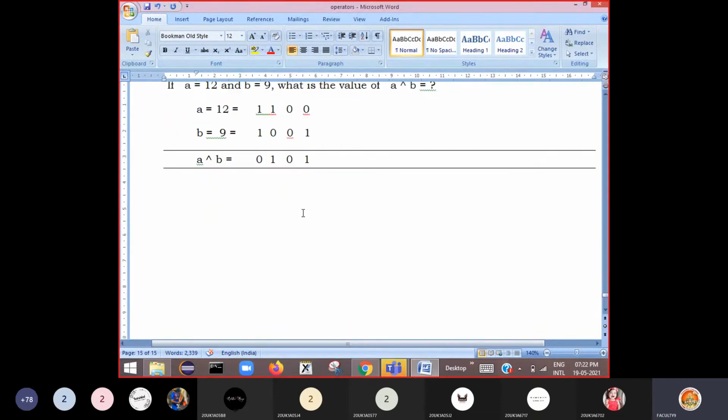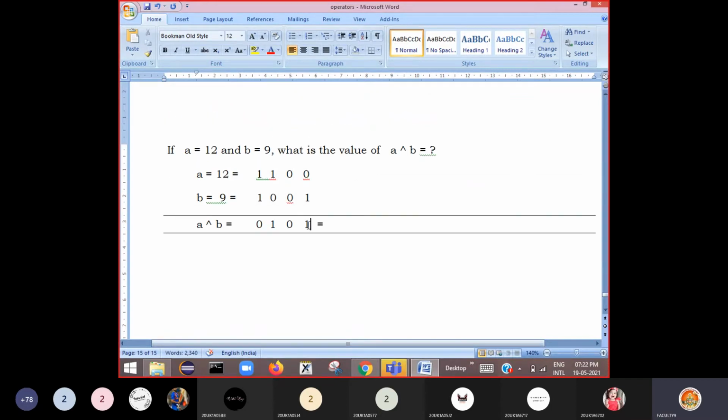What is the value in decimal? This is 2 power 0, this is 2 power 1, and this is 2 power 2. So 2 power 2 is 4 plus 1, that is 5 in decimal. The answer will be 5. Clear?